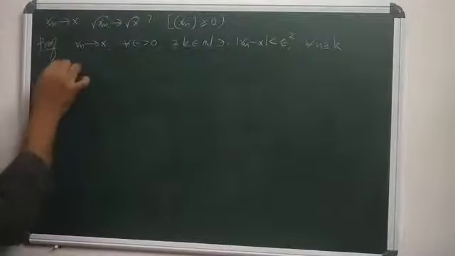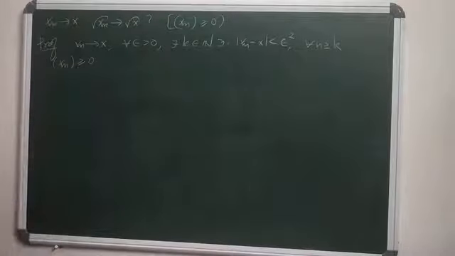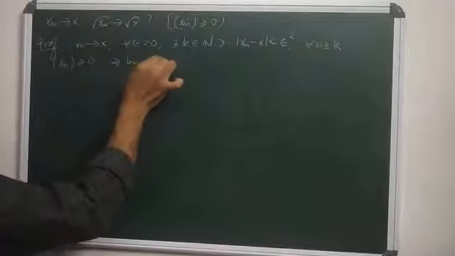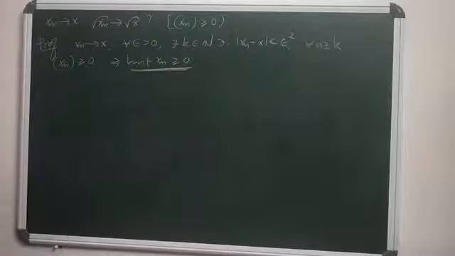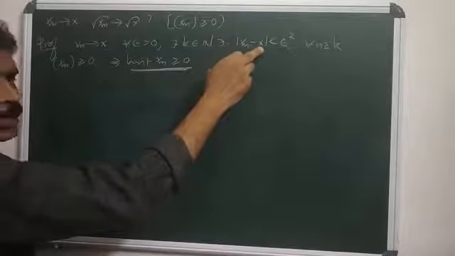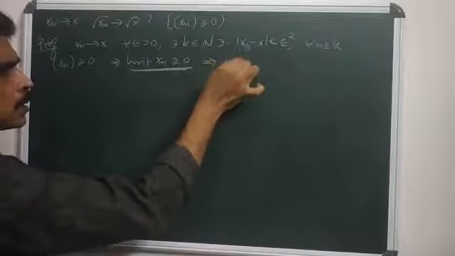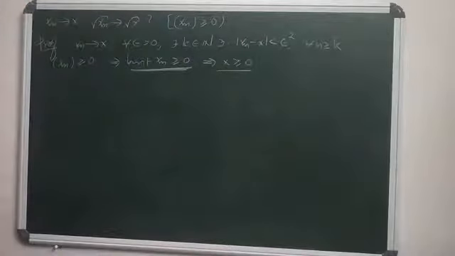And xn >= 0, xn is a sequence of non-negative reals. When xn >= 0, then we know that lim xn is also >= 0. This is a proved result. What is lim xn? That is x. So lim xn >= 0 means x >= 0. Why? Because xn converges to x. Clear? Okay.